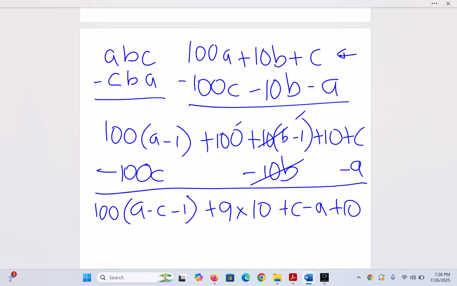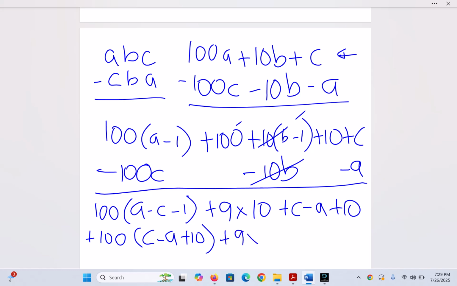All right. So this is going to look like the number that you get after subtracting the original ABC minus CBA. All right. So that means I had to reverse it to add it back, right? So add the reverse of that one. That would mean C minus A minus 10. So we add 100 times C minus A plus 10. This is going to be the same.